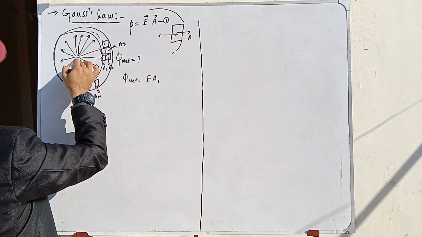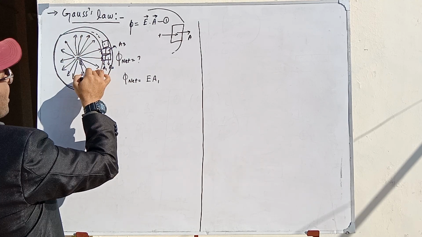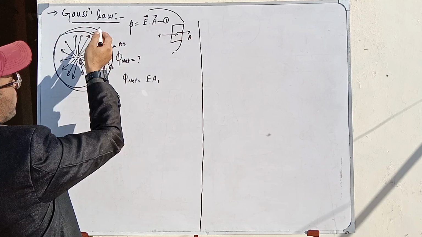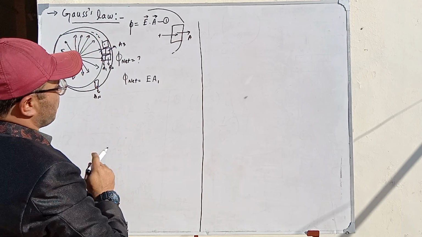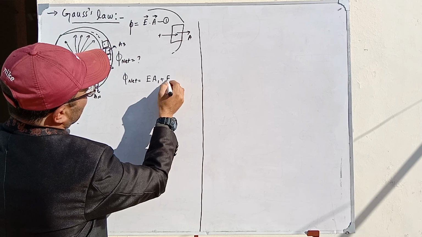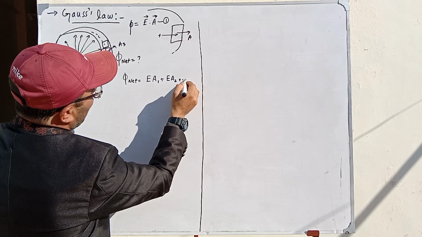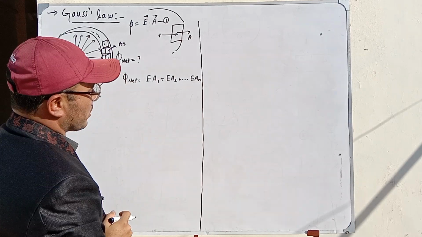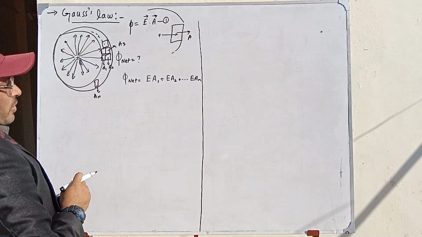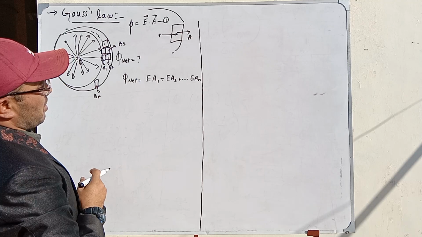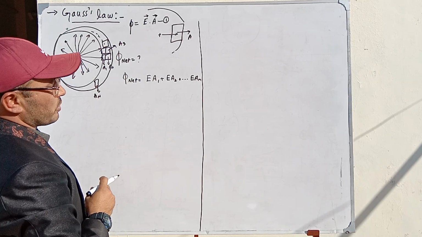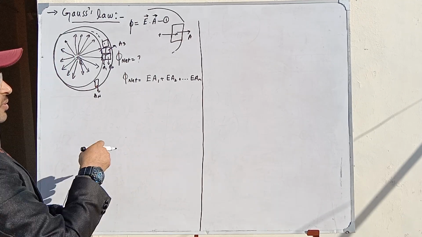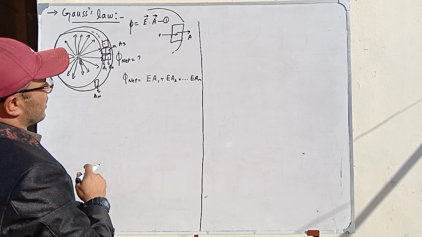Symmetric form means it is uniform throughout the whole spherical shape, plus E A2 up to E An. I have no information about An, and An is either 1000, 2000, but also approaches infinity.